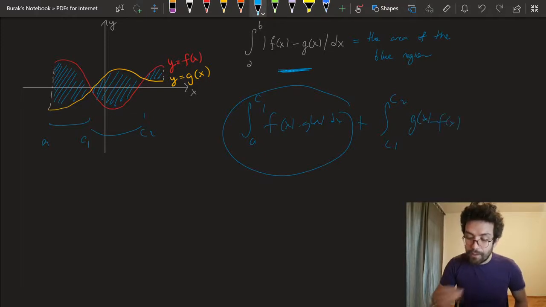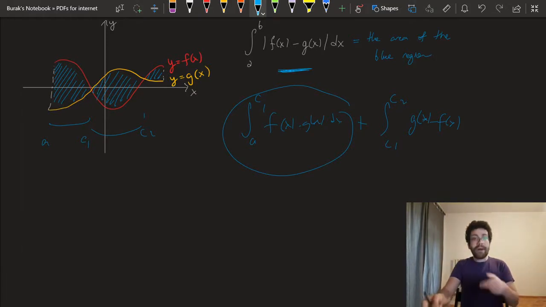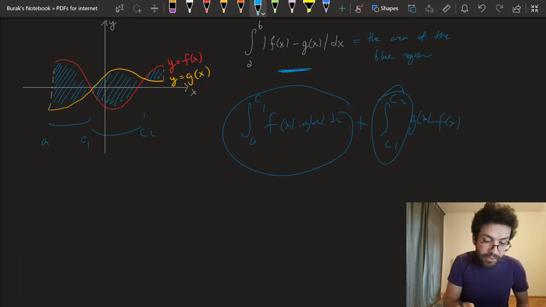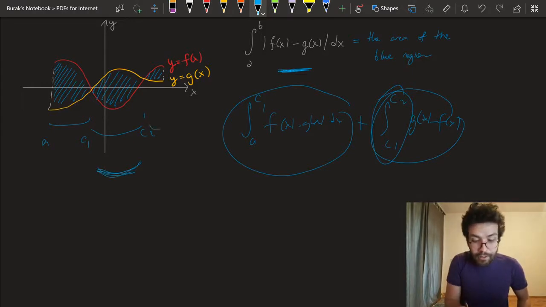Okay, and then on this interval, the top function is g, the bottom function is f. So I have top minus bottom integrated over the interval c1, c2. So I get that this is the area of this part of the blue region, and over this interval, this is going to come out of the absolute value as f minus g, so it's going to give me the area of this region.